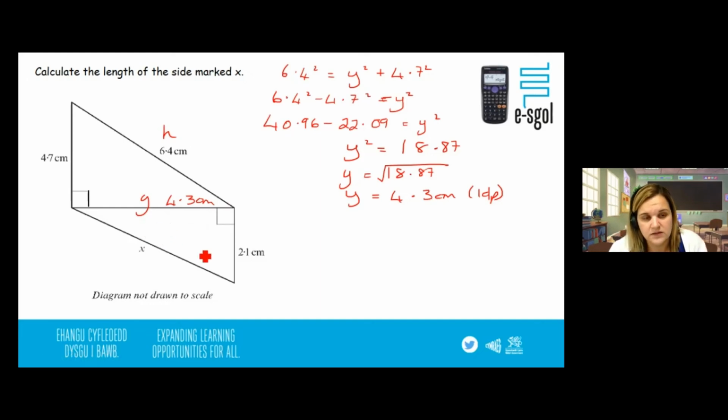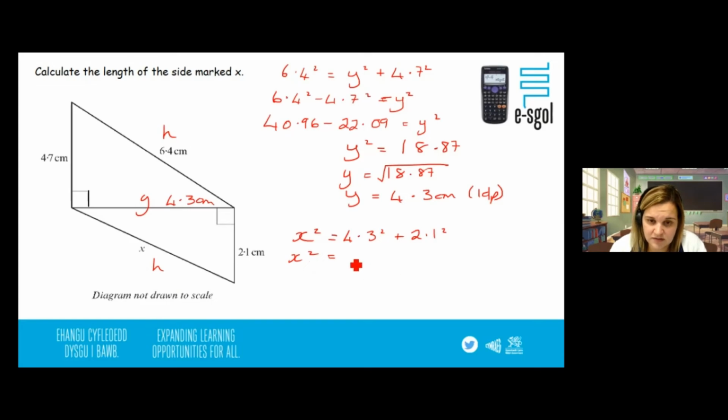So for this second part, you're only looking at the triangle at the bottom. You're trying to find X. So we have X squared, because that's the hypotenuse, it's opposite your right angle. It's going to be 4.3 squared add 2.1 squared. So this is going to stay as an adding question for this part because we are working out the hypotenuse.